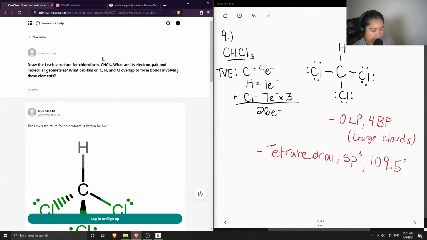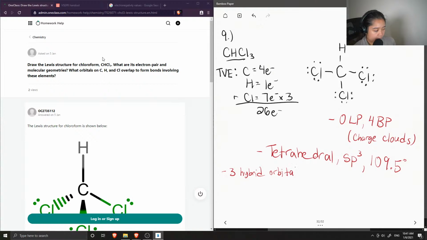So if we look at the atoms that are given, then we have 3 hybrid orbitals overlap with singly occupied p orbitals of the chlorine atoms.